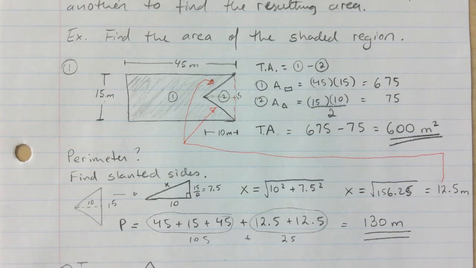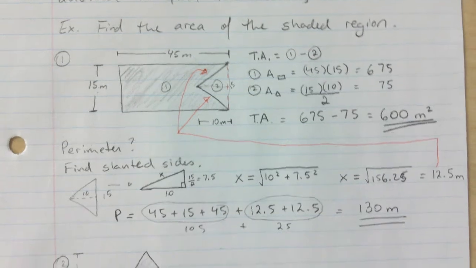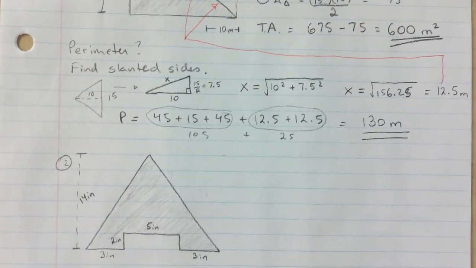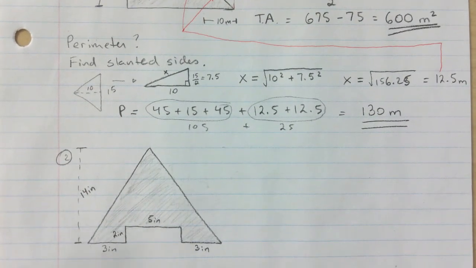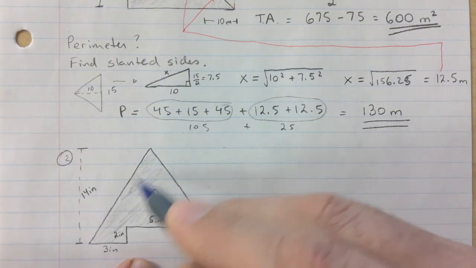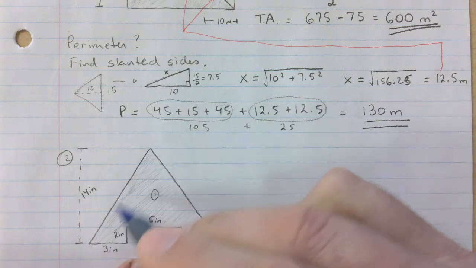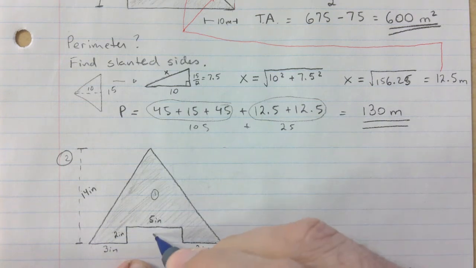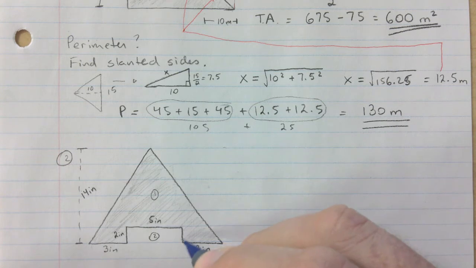Got it. Okay. Let's try another one. And I'll leave some of the top parts, so if you're still writing that down, you got that time there. And go through this problem here. So I call the shaded one, like I'm considering the whole shape, the triangle. And I'm going to consider that little brick down here number 2.